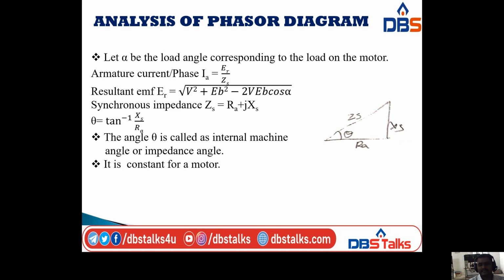The angle theta is called the internal machine angle or impedance angle. Alpha is called the load angle, power angle, coupling angle or angle of retardation. This theta is constant for a synchronous motor.